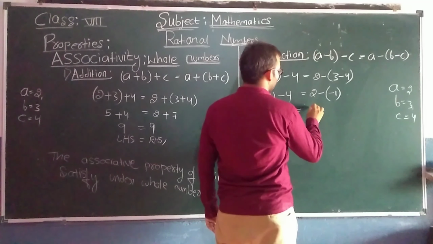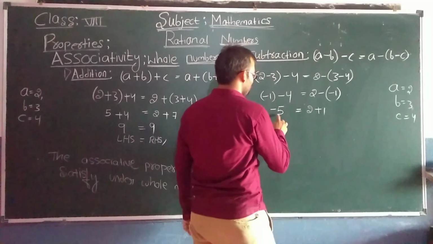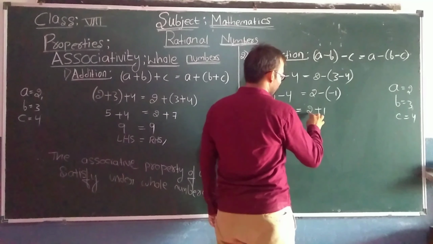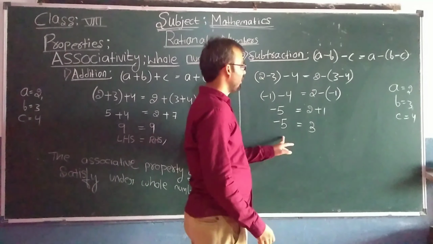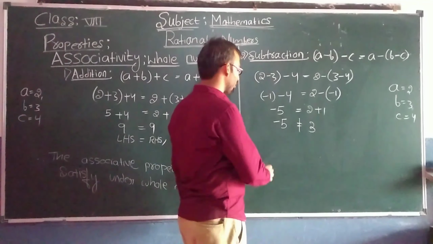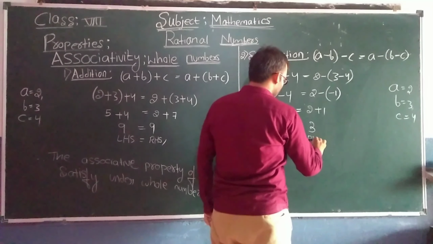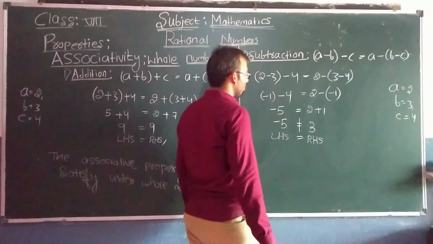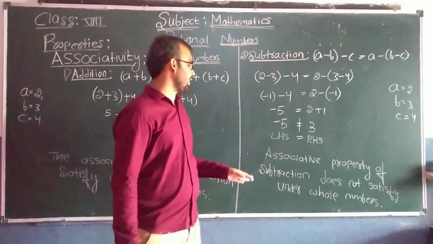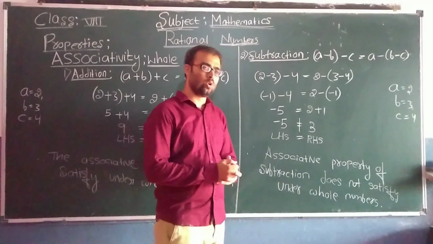On the other side, 3 minus 4 is minus 1, and 2 minus minus 1 is 2 plus 1, which is 3. Are these two equal? No, these two are not equal. So LHS is not equal to RHS. We can write that the associative property of subtraction does not satisfy under whole numbers.